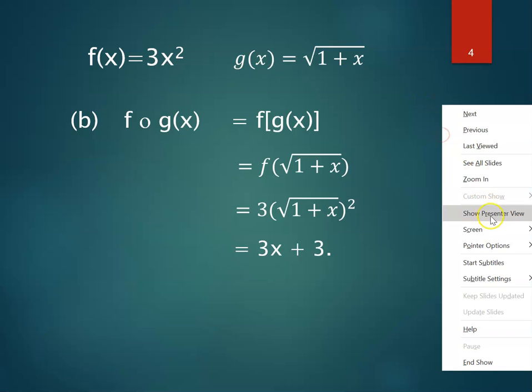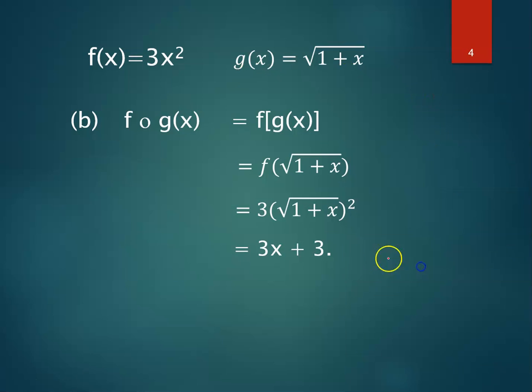Okay, let me write down a little bit. So you're going to substitute this x with this g. So you have 3x squared. This x is going to be substituted with the whole thing, square root 1 plus x. And then don't forget, bracket, you have square over here. So then you just expand it, then you get this answer.